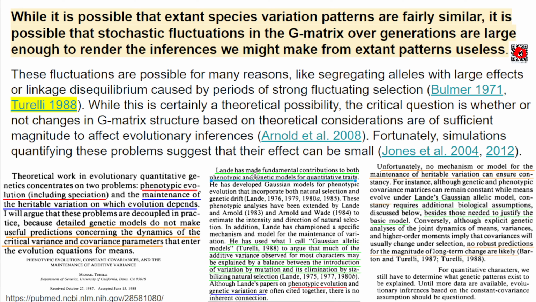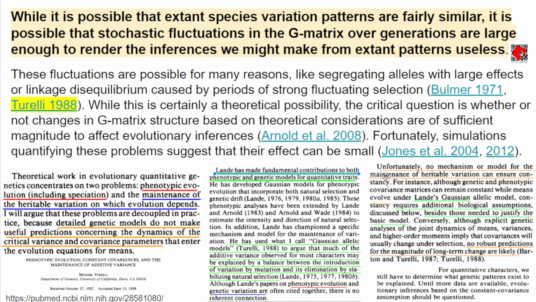So here is discussion in the top part of the paragraph on Lande's contributions, 76, 79, 80, 85, and Arnold and Wade and others. He has used what I call Gaussian allelic models to argue that much of the additive variance observed for most characters may be explained by balance between the introduction of variation by mutation and its elimination by stabilizing natural selection. Although Lande's papers on phenotypic evolution and genetic variation are often cited together, there is no inherent connection.